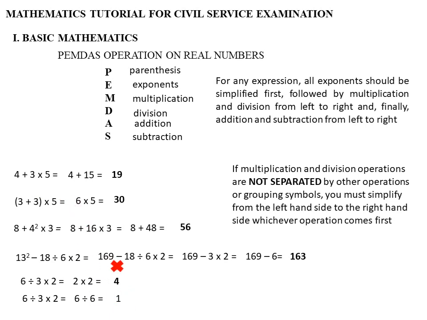But that is the incorrect one, since we need to follow the rule that if the multiplication and division are not separated by other operation, the simplification should be from left to right.